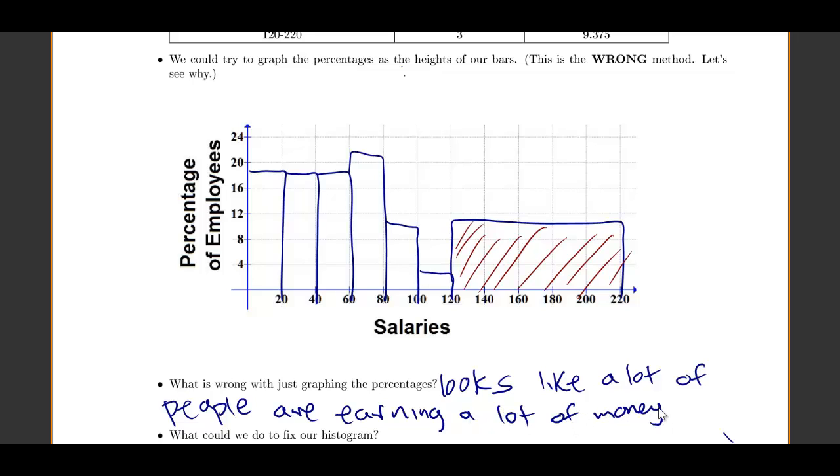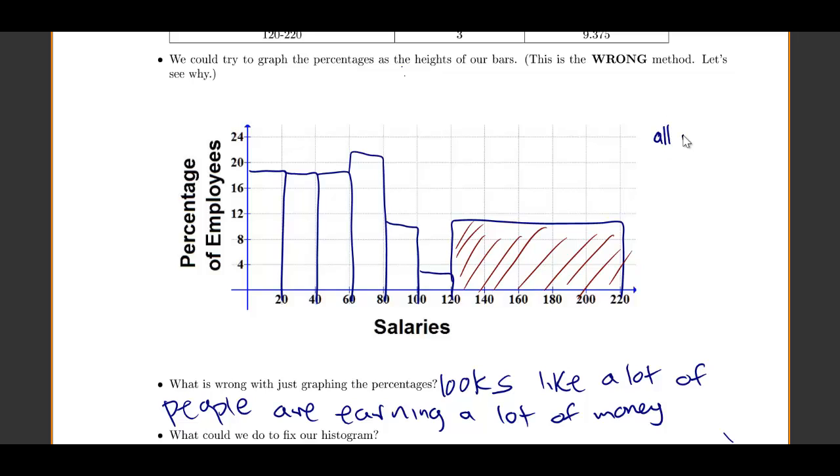The reason why is that the area of that last block is so big compared to all the other areas. And our minds, when we look at it, we just look at the areas as the overall percentage. And so the area of this block is so big because the length of it was so big. Because all of our other increments went by 20 except the last one.